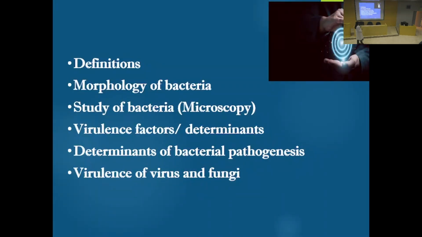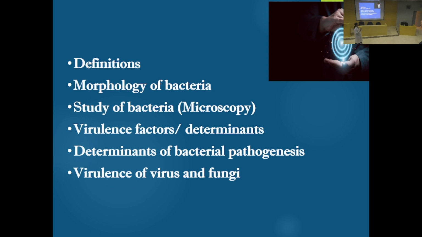Here the slides will be concentrating on a few definitions which are important in case of infections. Morphology of a bacteria, which is a revision from year 1. Study of bacteria: how do you study bacteria? Especially we will look at some stains that are being used. Then virulence factors. You know that there are some bacteria which are normal microflora, and there are some groups that are pathogens.